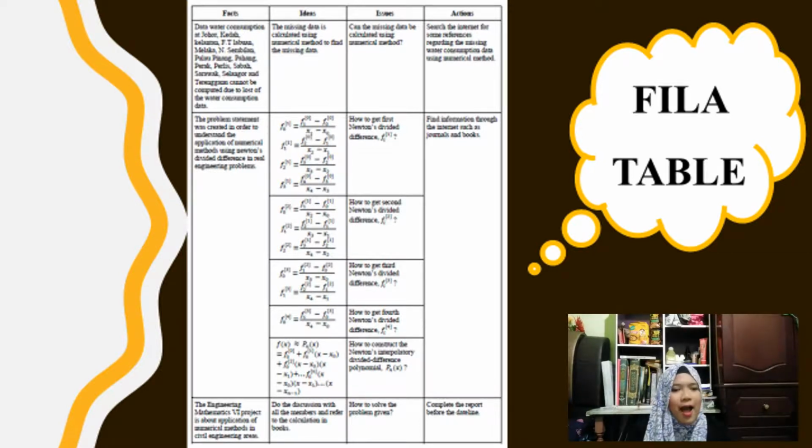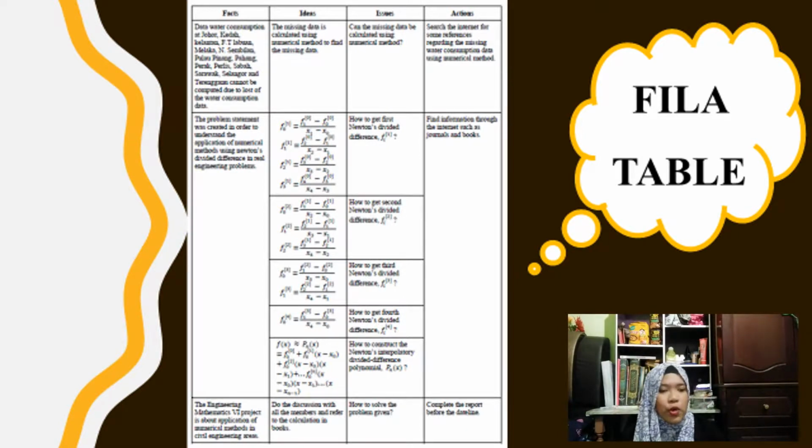Next, the issue is how to get the third Newton divided difference Fi3. For this issue, we use two equations. The next issue is how to get the fourth Newton divided difference Fi4. For this issue, we use only one equation. The next issue is how to construct the Newton interpolatory divided difference polynomial P(x).